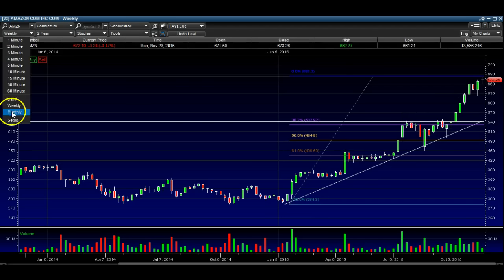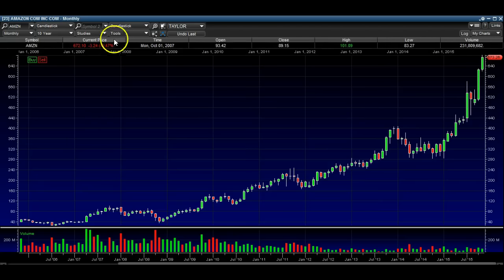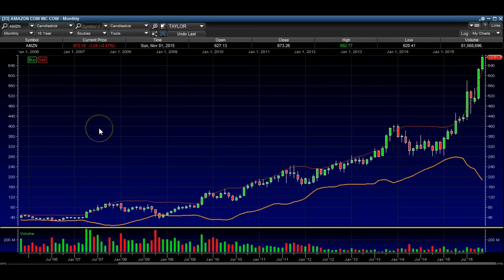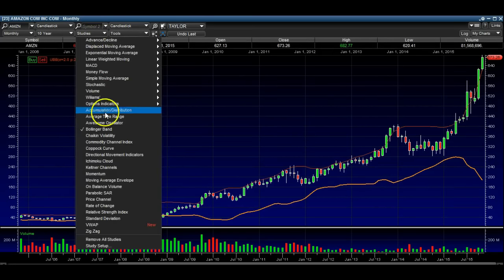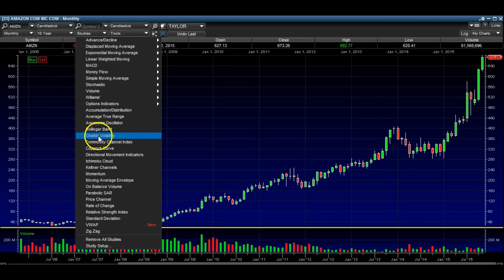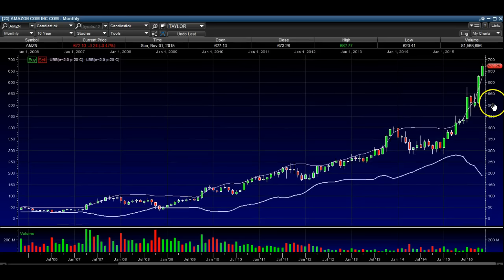Another thing I want to point out is the monthly chart here, and I want to put the Bollinger Bands on here. Something I want to point out is that we're trading outside of the monthly Bollinger Bands.